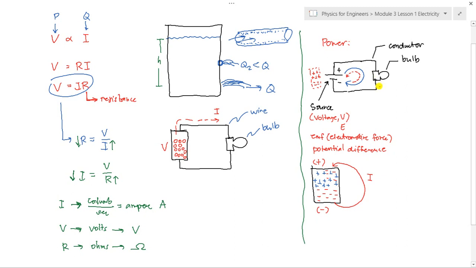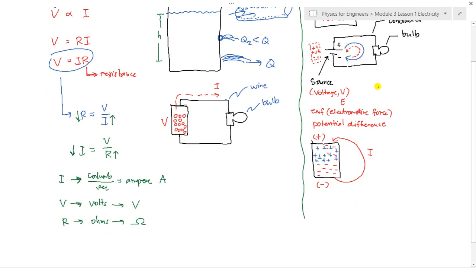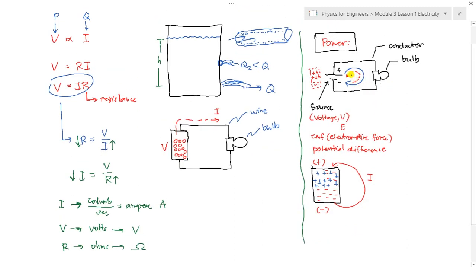So this is where we get power, meaning the energy consumed per unit time by our bulb or device. Here in our example, it is just a bulb. As the flow of electrons goes from the positive towards the negative, it enters the bulb, which makes the bulb light up, creating light and heat.